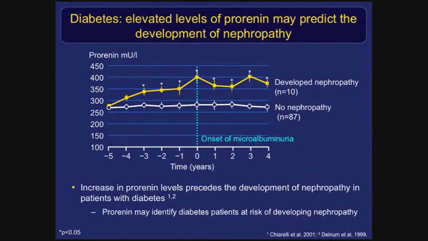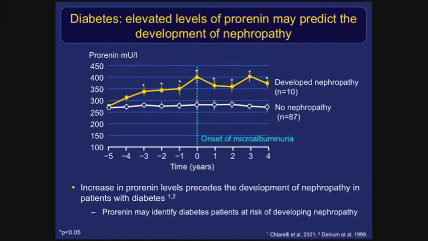One interesting observation we were able to make in addition, thanks to a collaboration with a well-known diabetes research group in Denmark, Parving and colleagues, was actually the same as what Lütscher suggested: in diabetic patients who have nephropathy, we measured pro-renin levels and compared them to those who did not have nephropathy. And yes, we also saw that their pro-renin levels were elevated.